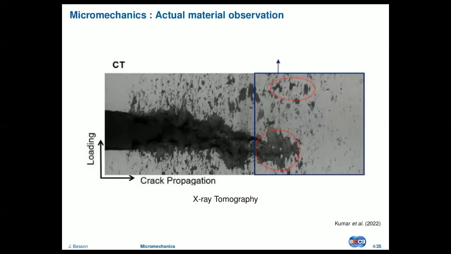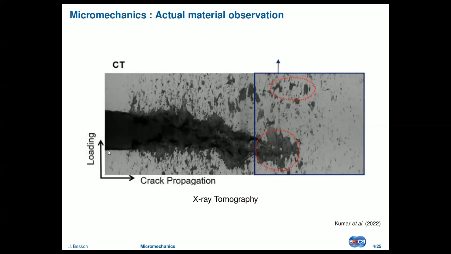Okay, so what do we do? If we want to do micromechanics, we need to start, and that's what we call the local approach to fracture, from actual material observation. And here is an observation of the crack tip after some crack extension. Here you have the initial fatigue crack, so there's no damage on both sides, and then the crack will grow.